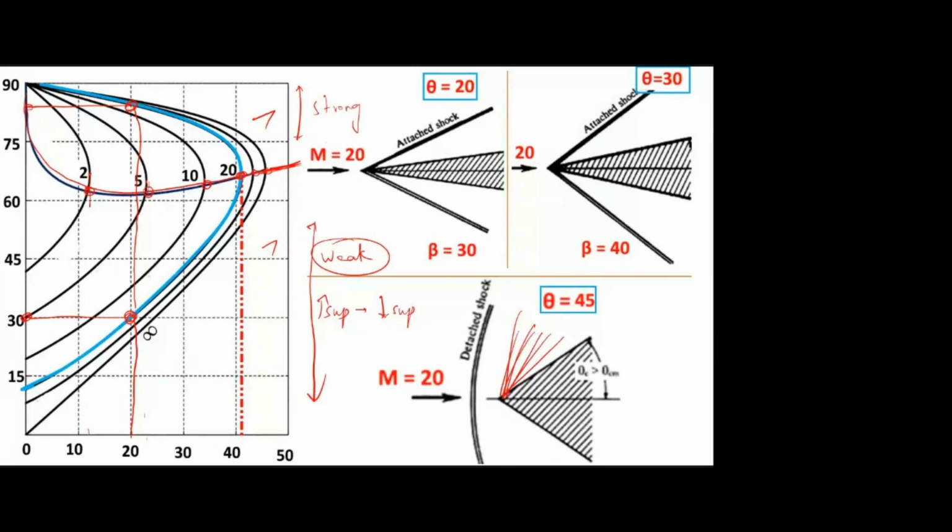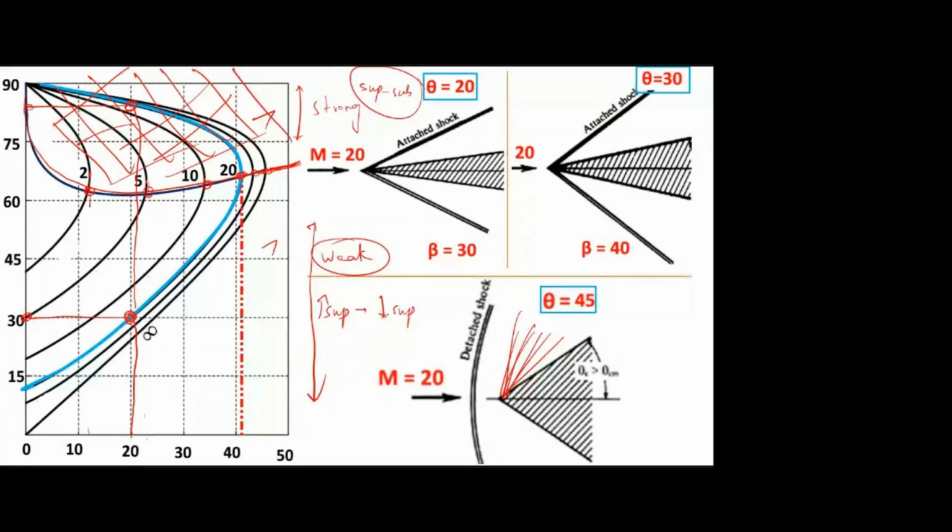The strong solution converts supersonic flow to subsonic flow, and only a normal shock converts supersonic to subsonic. An oblique shock converts only supersonic to supersonic. So in real conditions the strong solution will not happen. That's why we are not taking this upper intersection point. We are taking only the lower intersection point. Is it clear?